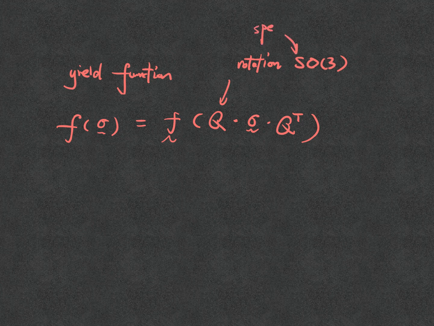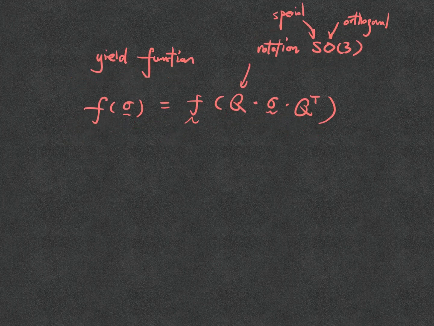So eigenvectors, for example, always appear in an orthogonal manner, but they are not special unless you normalize them, okay? So I want to write a stress function that fulfills this criterion, okay?